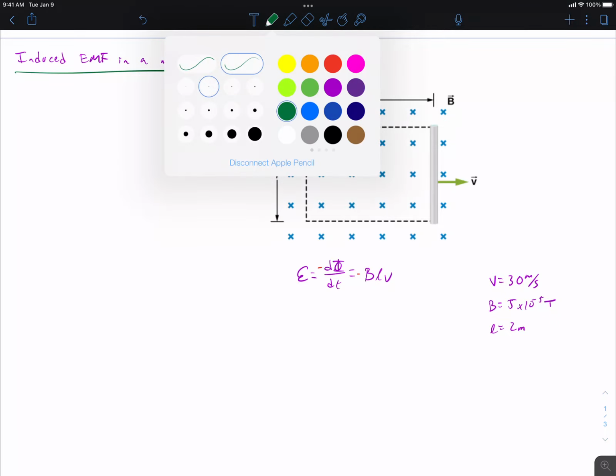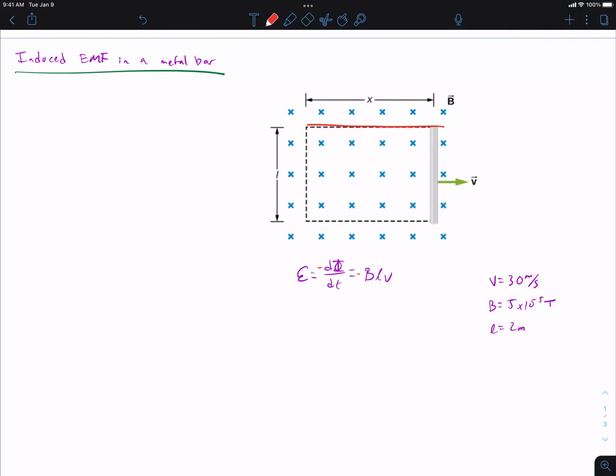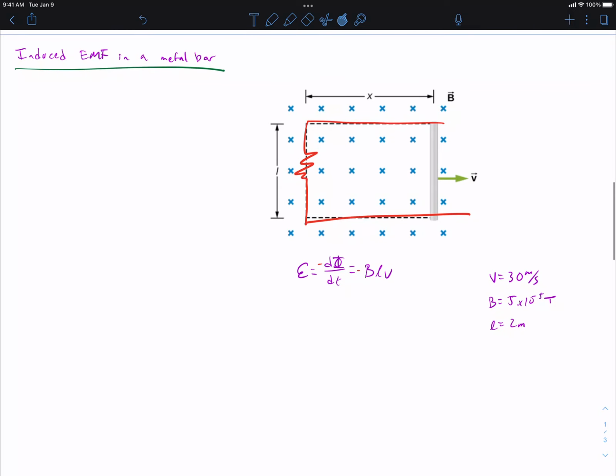So if we had a circuit here with some bars and maybe a resistor, and then you slide this bar across the wires, the rails, this changed the amount of flux inside of the window, and this generated an EMF, right?